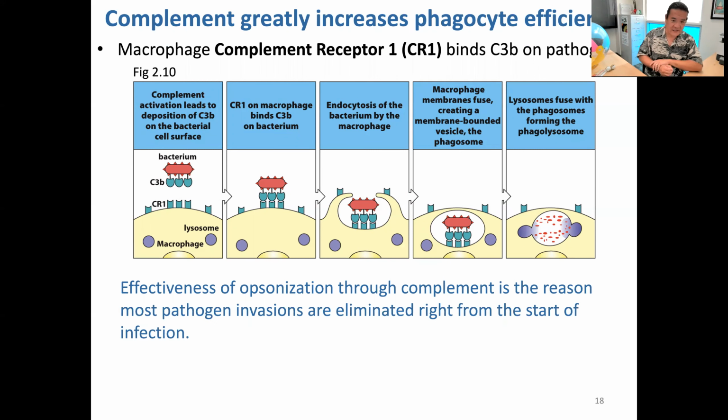So the effectiveness of opsonization through the activity of complements is the reason that most pathogen invasions are eliminated right from the start of infection, right? It is because you have these complement proteins helping out your macrophages. That is why you never die from a paper cut, right?